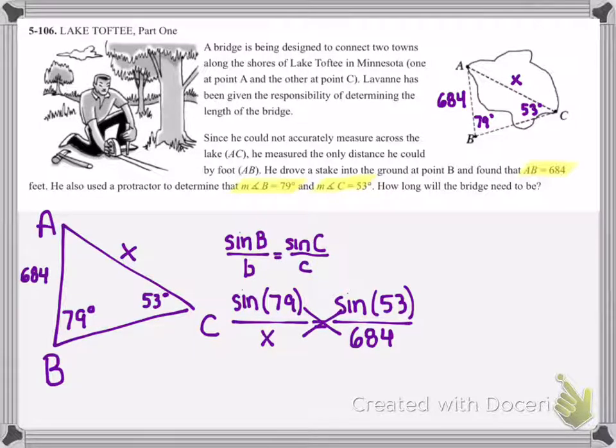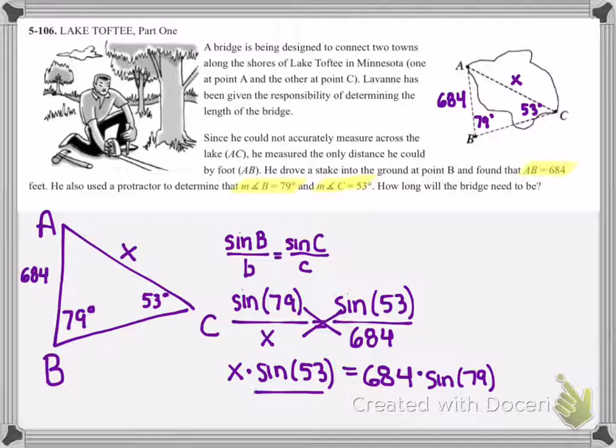So that means we're going to do x times the sine of 53, and that should be equal to 684 times the sine of 79. From here, to solve for x, we need to undo this sine of 53. So we're going to divide both sides by the sine of 53.